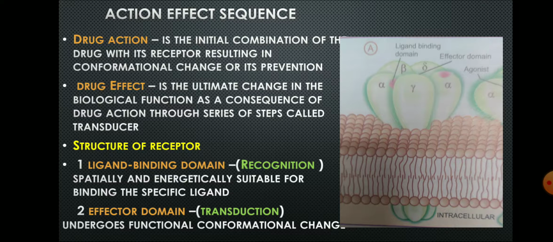Then the second, the effector domain, undergoes functional conformational changes. This is used in transduction. What do we mean by transduction?